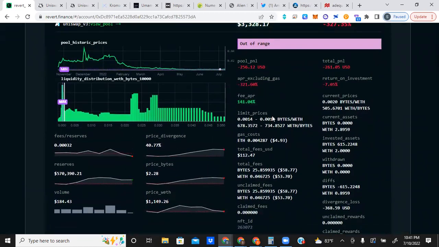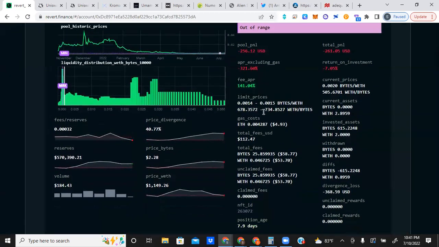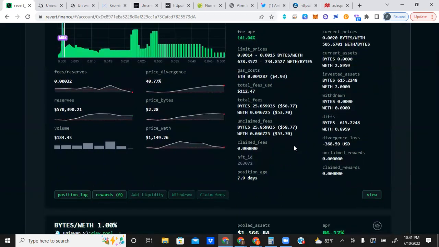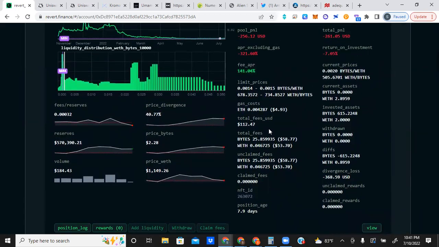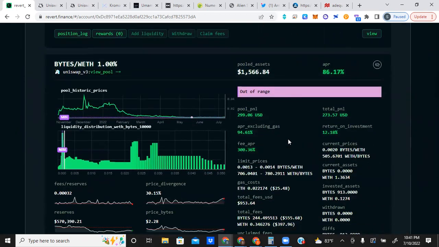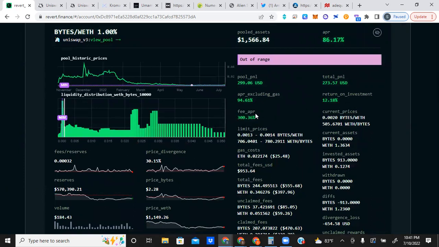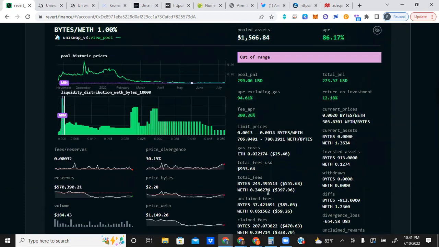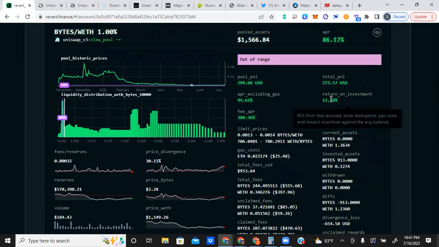I got a little bit too aggressive with that, going into the launch and all this news for Bytes 2.0. That was a mistake, but that's okay because overall my other positions kind of carried me, where I was able to get some nice fees. I was able to get about $953 in fees over the last 51 days here. That's been fine. The APR goes down as the price goes up.